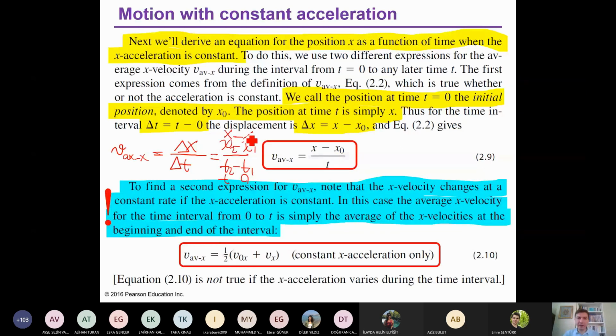Then this can be written in this form, x minus x0 over time. Then the displacement can be written in this form, total displacement delta x is given by this expression. Now we have this relation.